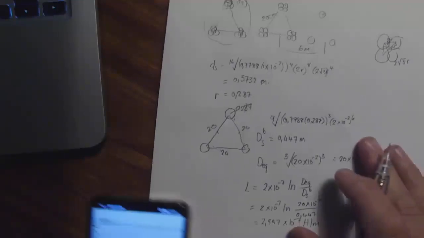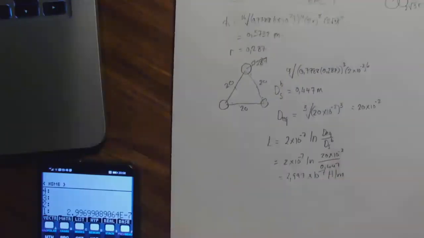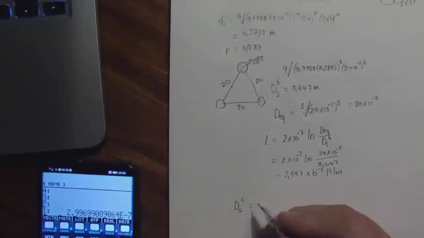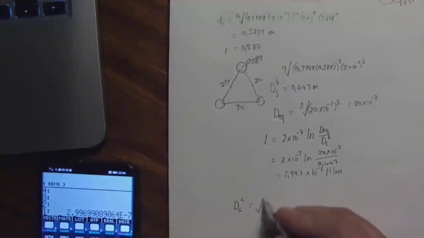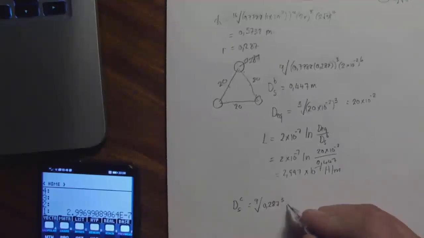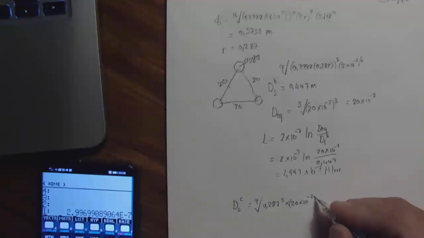Now, if we want to calculate the capacitance, then Ds for the capacitor is now going to be the 9th root of 0.287 cubed times 20 times 10 to the minus 2 to the power of 6.